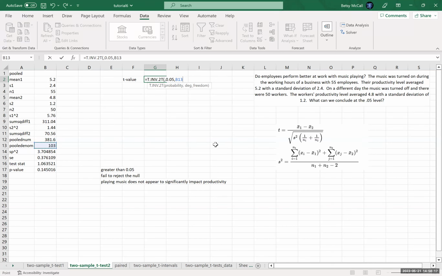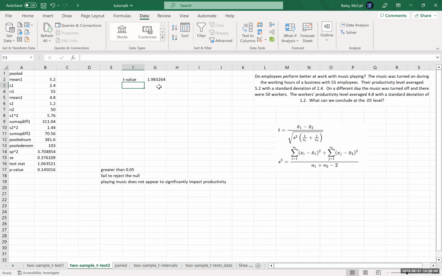It's N1 plus N2 minus 2. And this is a fairly large degree of freedom for this example, which is why we're getting closer to that 1.96 that we get from the z-score.